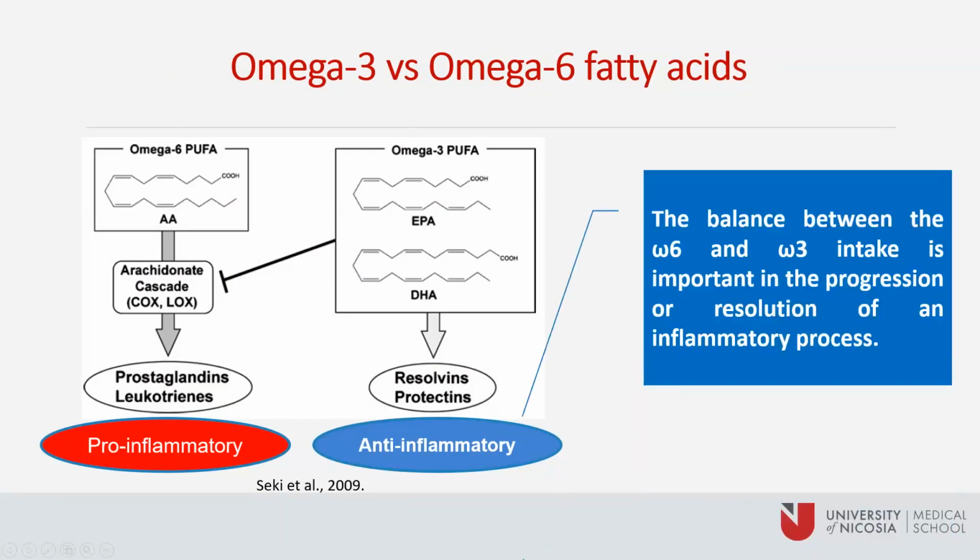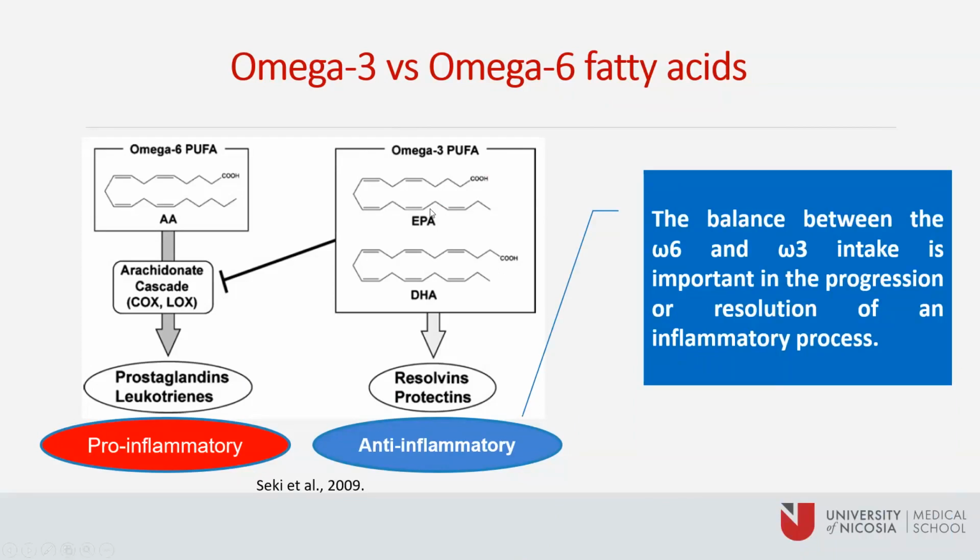So that brings us to the significance of the balance between the omega-6 and the omega-3 in the progression or the resolution of an inflammatory response. This is the point that I would like to stress: there are quite a lot of studies that have checked the ratio between the omega-6 and the omega-3 fatty acids.